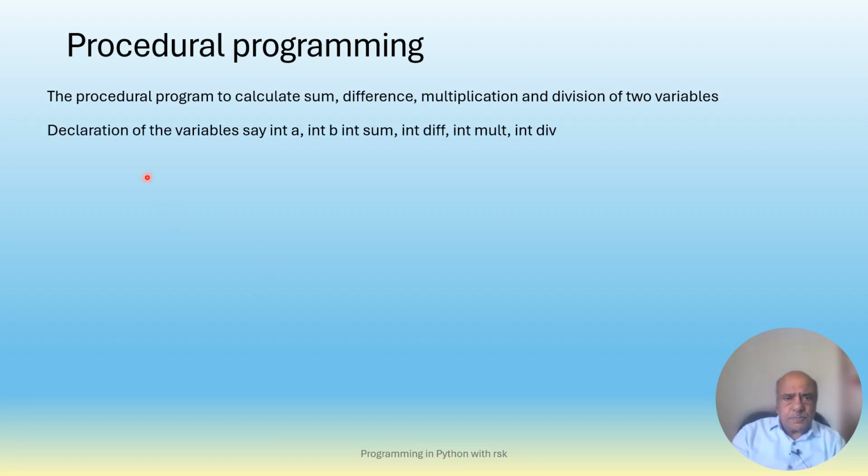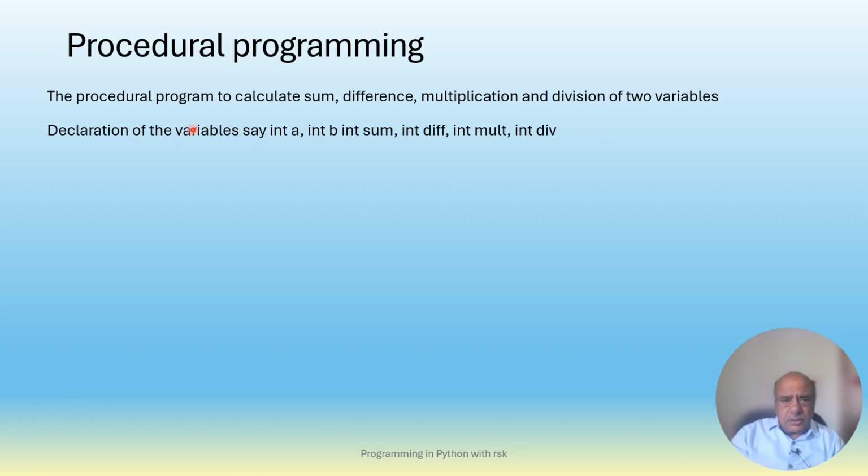Another example of procedural programming: suppose we want the sum, difference, multiplication, and division of two variables. In a procedural programming model, what we do is declare the variables, say int a, b, sum, diff, mult, div, etc. The first step in our program will be declaration of the variables.